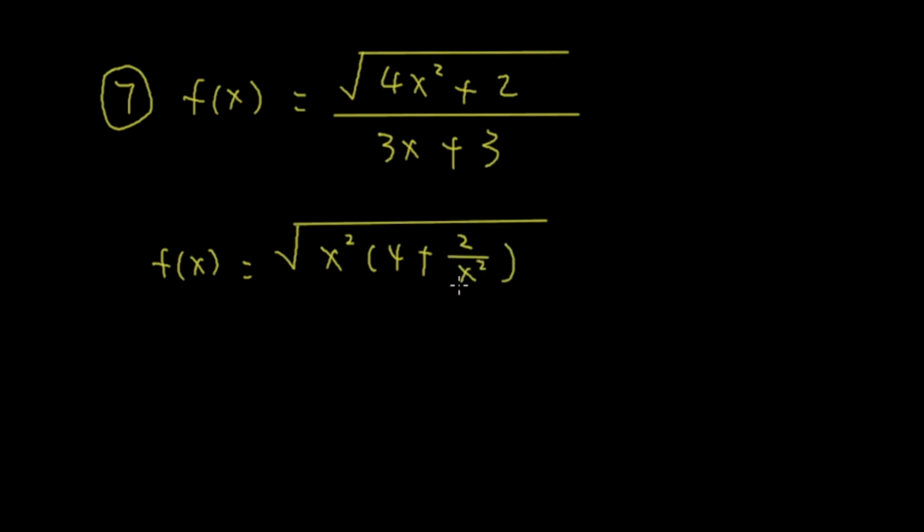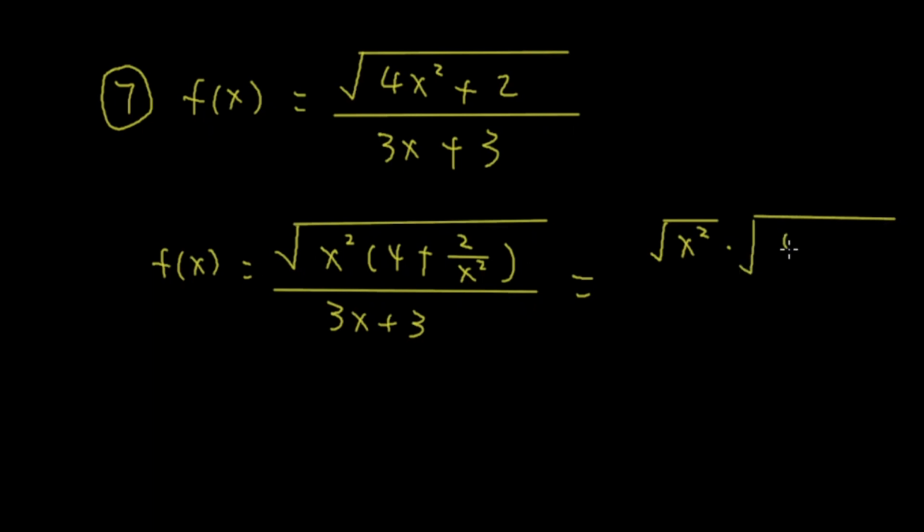We factor out the x squared here. Okay? Now that is the same as square root of x squared. We can break this down, right? Square root of x squared times square root of 4 plus 2 over x squared. Keep the denominator the same.